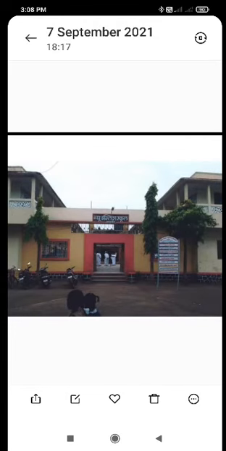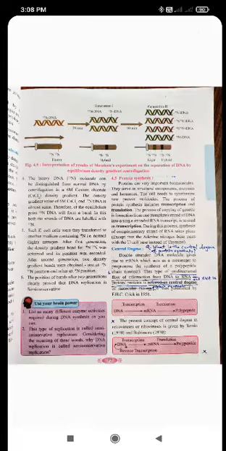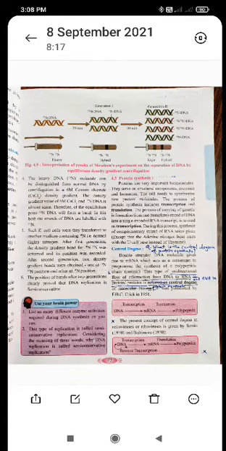We are studying protein synthesis. If you have your textbook with you, please open page number 77. Last time I told you the first question.